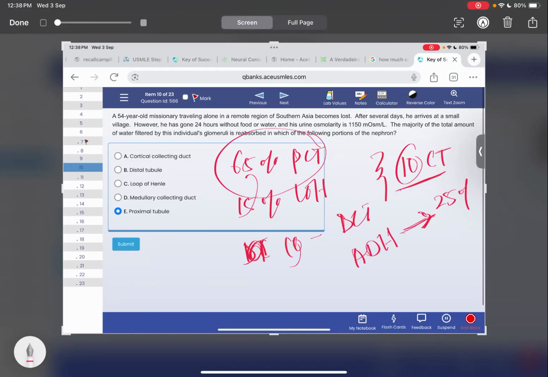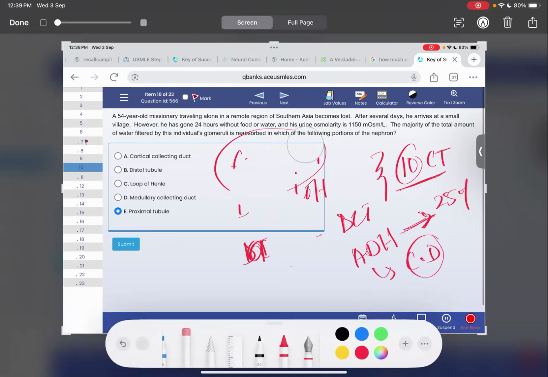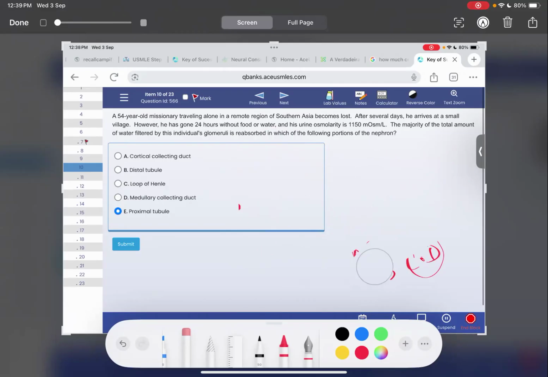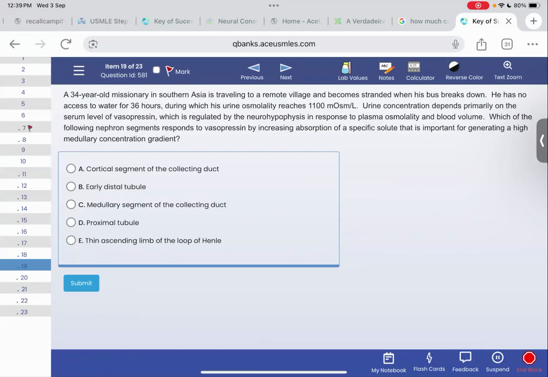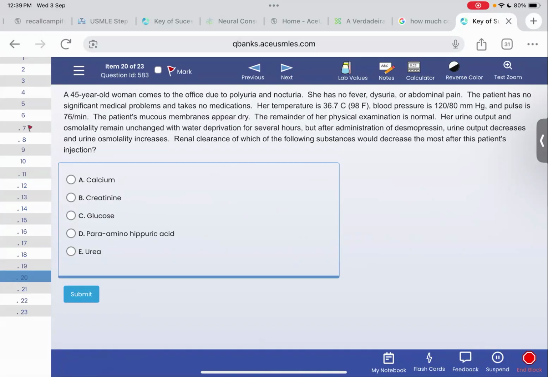Got this? The 65% comes from the PCT, and ADH acts on the collecting duct. So I think you got this concept right. But one more thing, that the loop of Henle is reabsorbing water without salt.